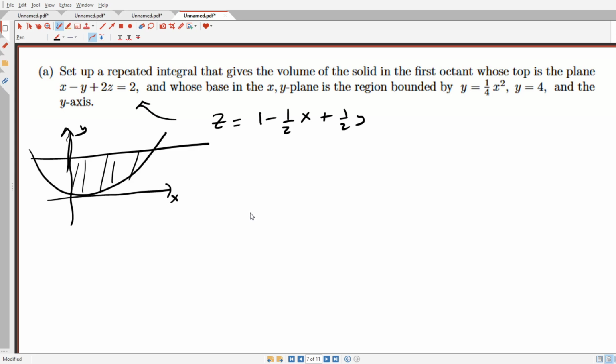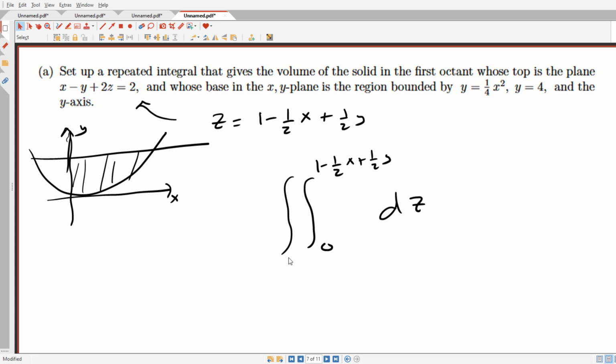So I want to just set up the integral. So I'm going to integrate from 0 to 1 minus 1/2 x plus 1/2 y dz. And then let's do y. So it's going to go from 1/4 x squared up to 4.